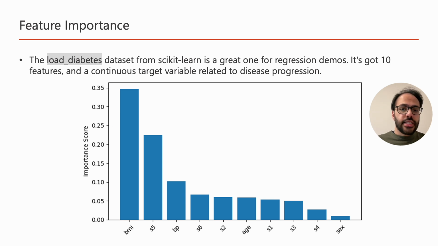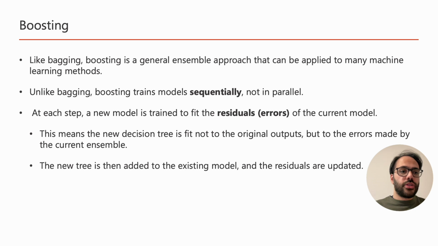So next, let's talk about the second type of ensemble learning, which is boosting. Very much like bagging, the idea of boosting is to have an ensemble of multiple machine learning models that hopefully perform better all together rather than working with individual models.